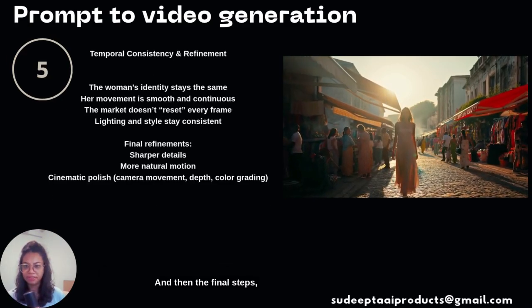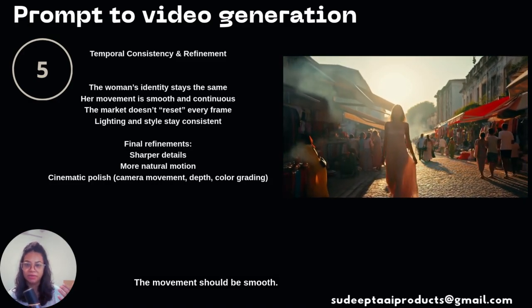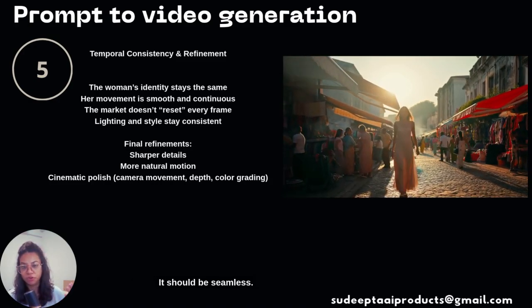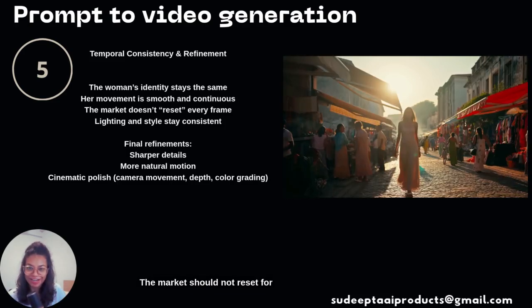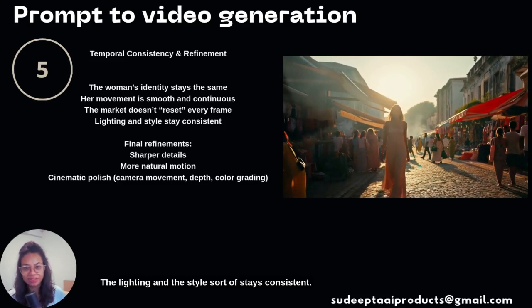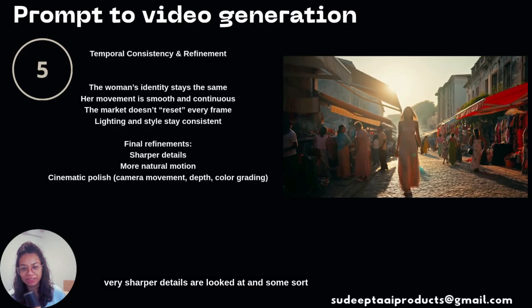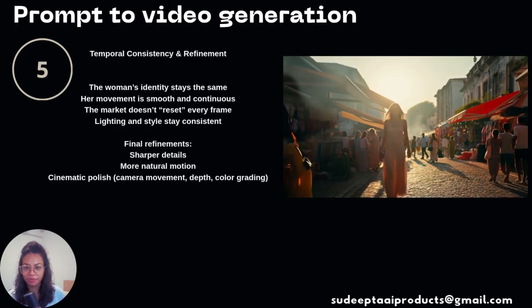And then the final steps, which are temporal consistency and refinement. The movement should be smooth, it should be seamless, the market should not reset for every frame. The lighting and the style stay consistent. Sharper details are looked at, along with some natural motion.